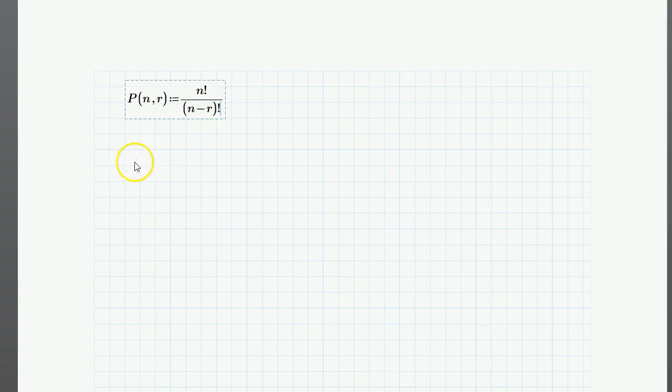And so if I have to choose P(5, 1), that would equal 5. And that's basically saying how many ways can I permute one object if there are 5 objects.